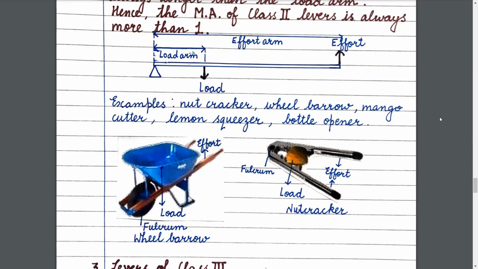Similarly, in case of wheelbarrow, the load is in between the fulcrum and the effort. And you can see that effort arm in this case is also longer than the load arm. Hence, mechanical advantage more than one.